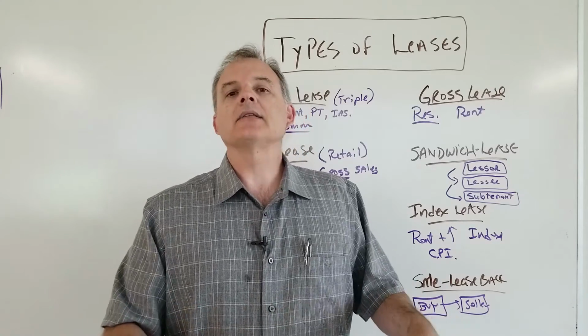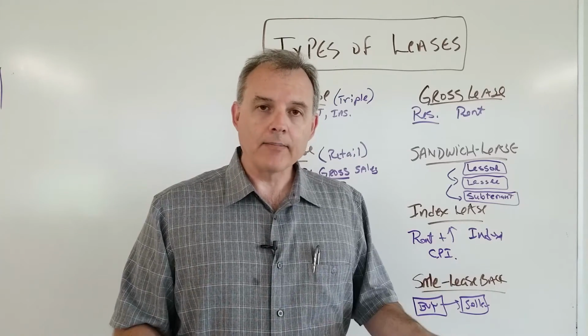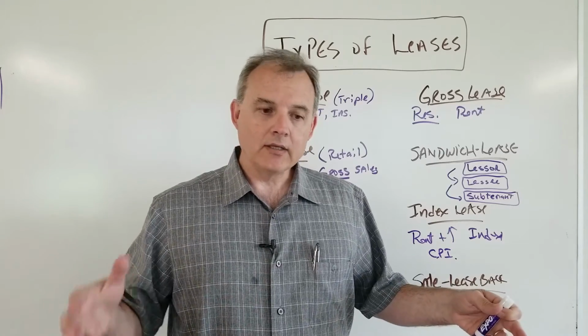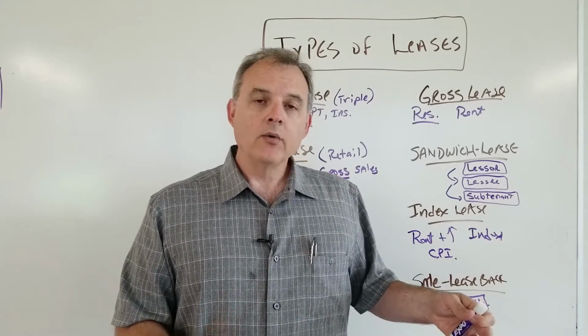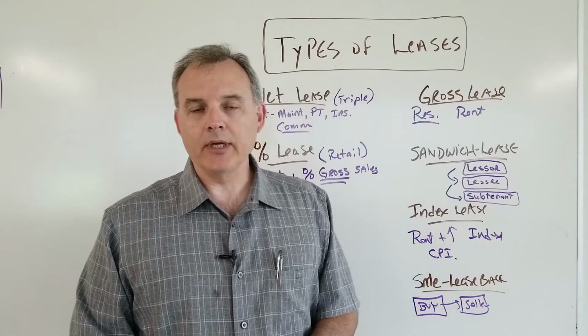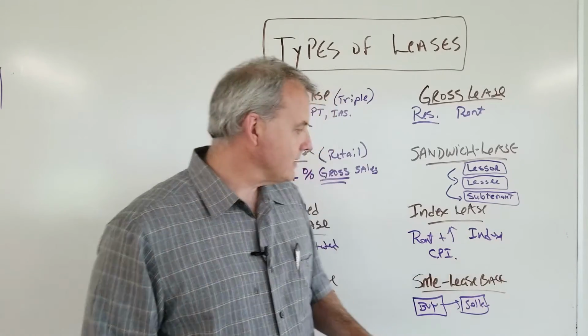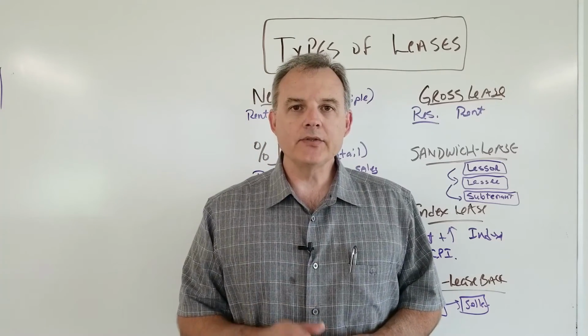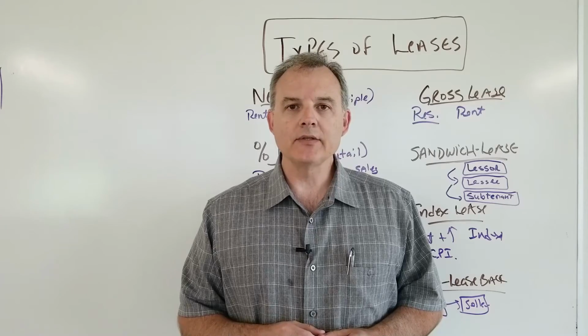And so it kind of gets them out from underneath the property. It allows them cash or cash flow so they can start a new product line with the anticipation that at some point they're going to move the operations to a bigger place in the future. So that's a sale-leaseback. Okay, those are the 8 types of leases that you're going to need to know for your real estate licensing exam.